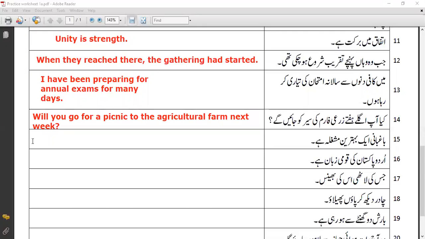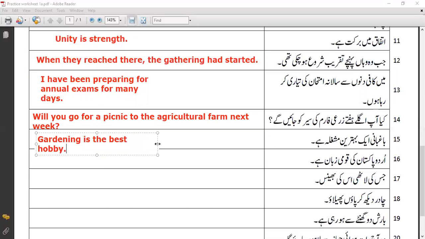Next sentence here. बागबानी एक बेहतरीन मशगला है. Now बागबानी is simply gardening. Okay, so gardening is the बेहतरीन means it's the third degree, superlative degree of adjective. So best hobby, you would say. Okay.